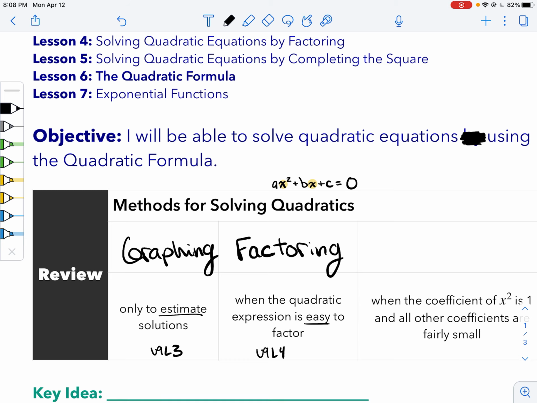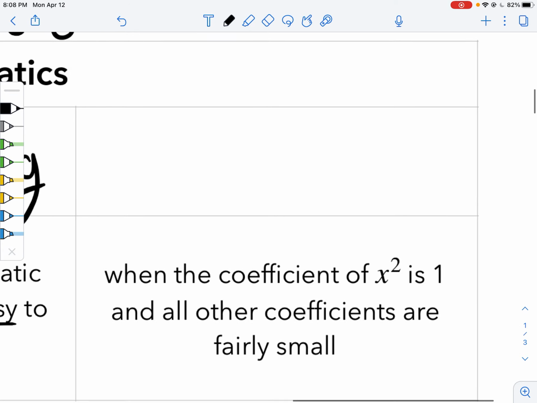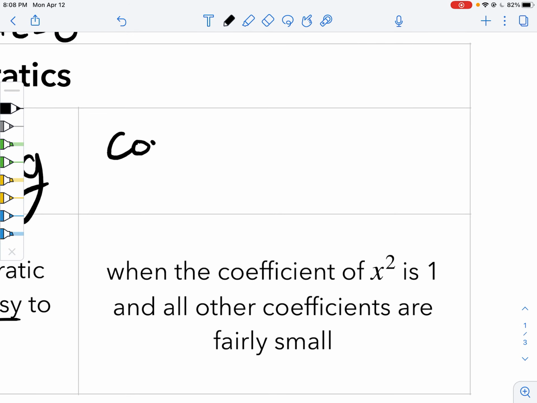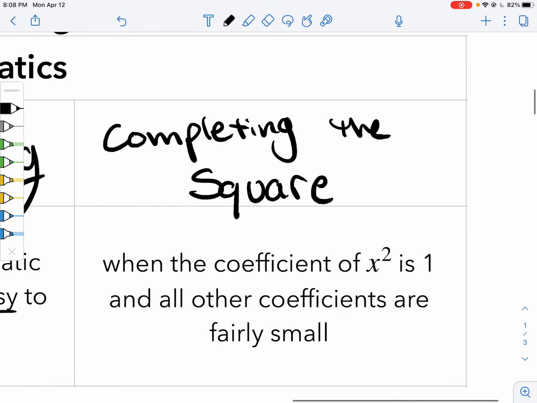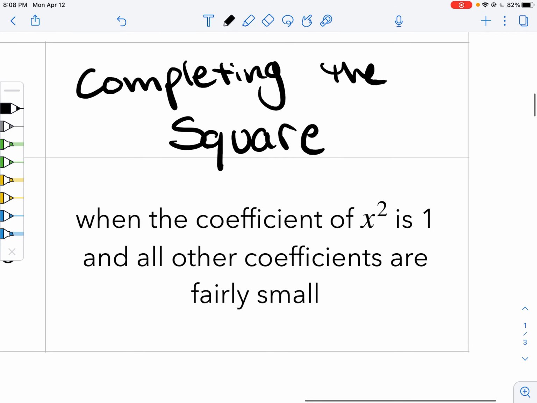And then finally, we also looked at completing the square. Completing the square is a kind of factoring. It's when you can easily get squares going. You can only complete the square if your a term is 1, so in front of your x squared you've got a 1, and all the other coefficients are kind of small.